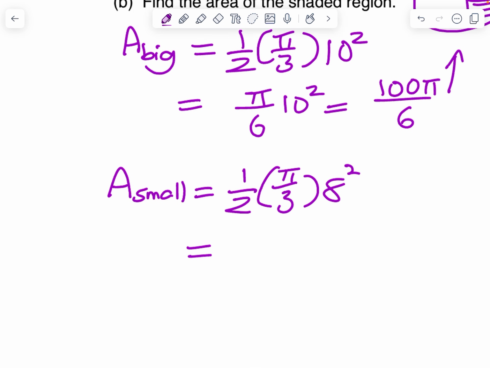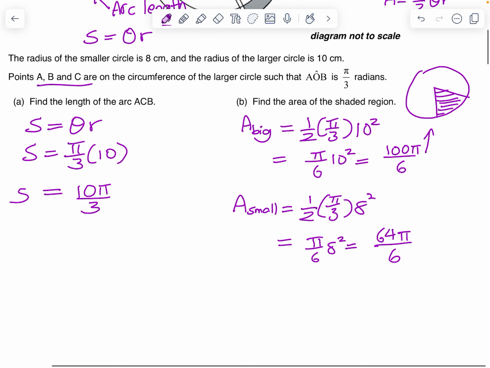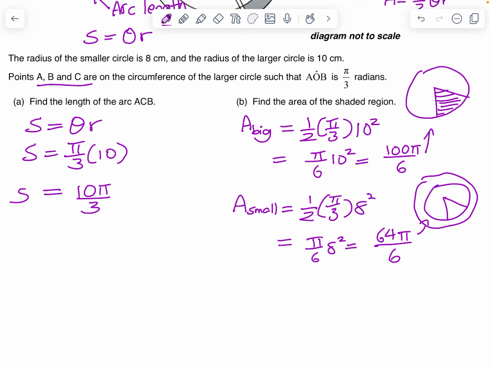And that we get pi over 6 times 8 squared, which is 64 pi over 6. And now that we solved for this, and let me just create a smaller diagram here. This is the smaller circle. So we solved for the small one and the big one.